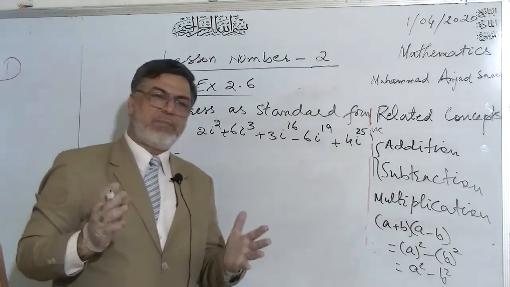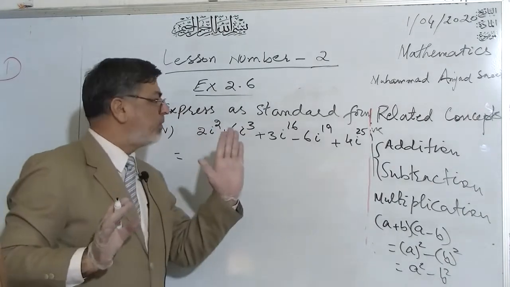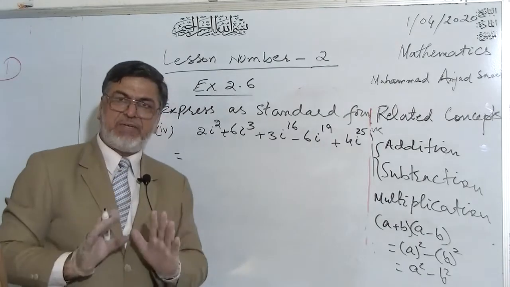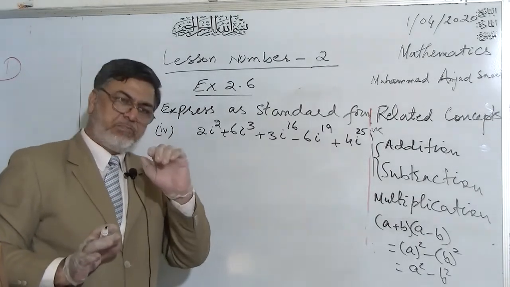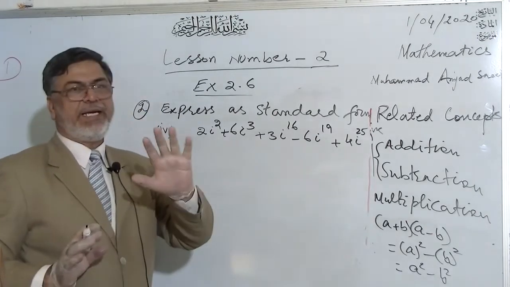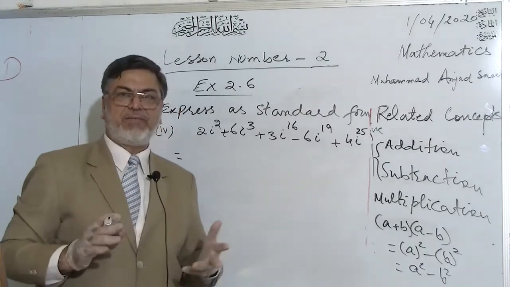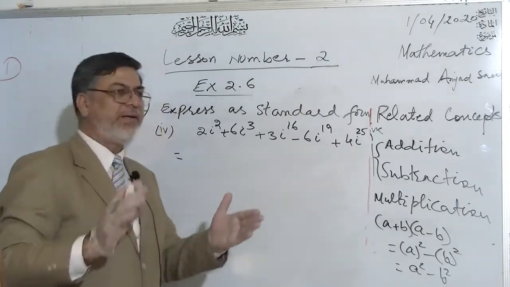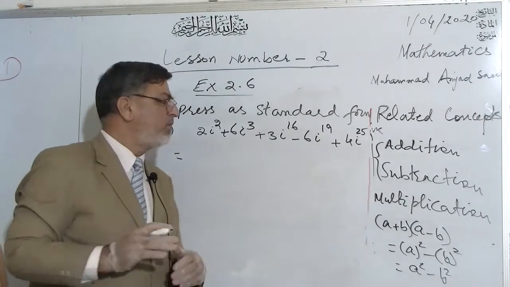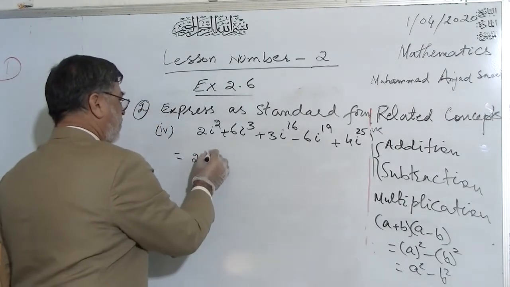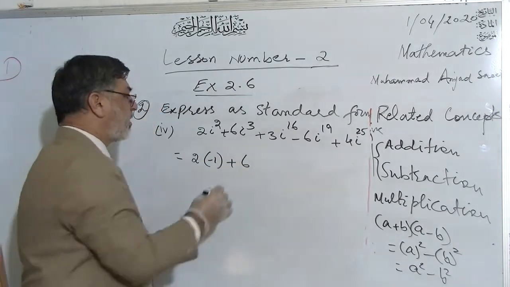Dear students, remember that in the previous exercise I told you that you have to split up the iota powers in such a way that you must have the power of iota square. So it must be in terms of the square of iota. Here is 2 into iota square, which means minus 1, plus 6 iota cube.